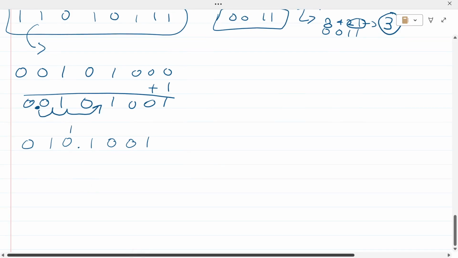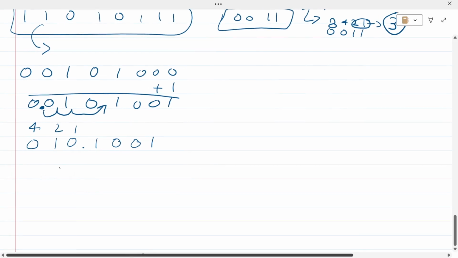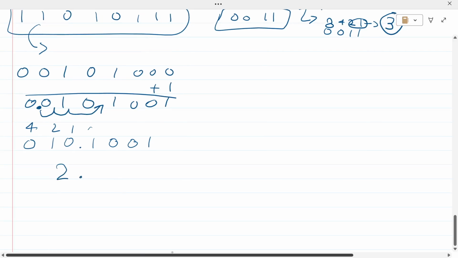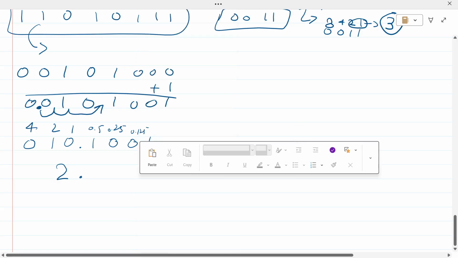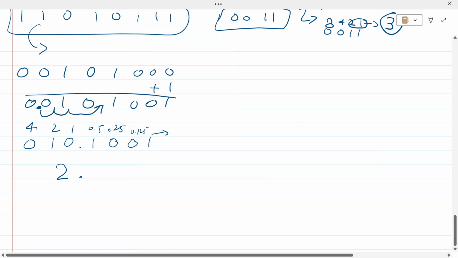This is going to be 1, 2, 4, so you have a 2 here. This is going to be 0, then 0.5, 0, then 0.25, 0, then 0.125, and then 0, then 0.0625, right?